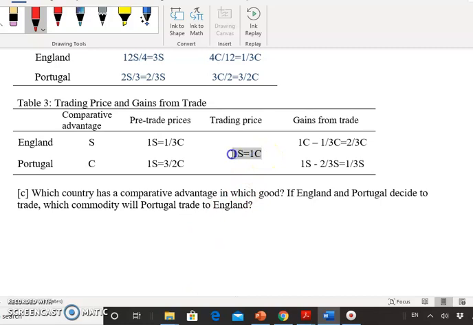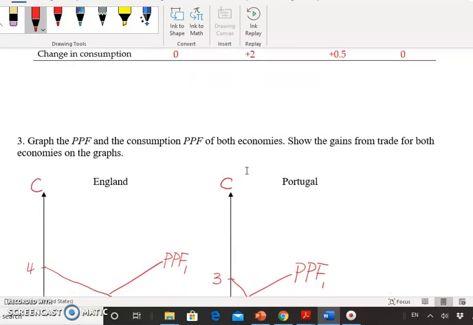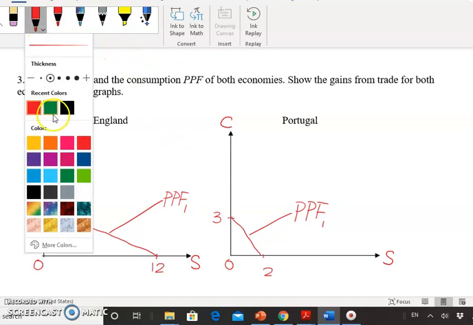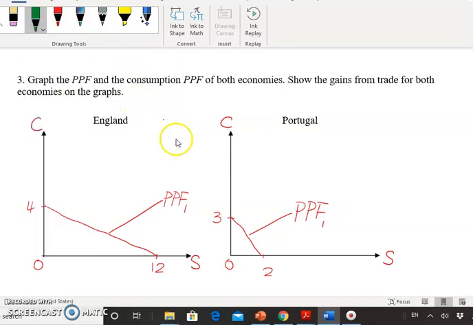Again, come back here for the trading price: 1 sweater equals 1 corn. If all English people agree that they don't need sweaters at all, again, it's a hypothetical situation, they can give up all the sweaters and actually get 12 corn. So suppose 12 corn will be here. If we connect these two, this would be England's new PPF after trade.